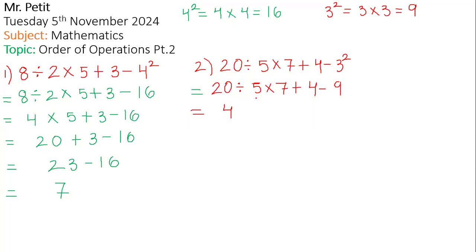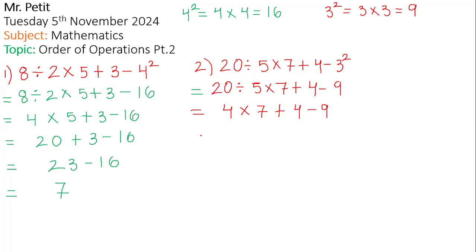So 20 divided by 5 is 4, multiplied by 7 plus 4 minus 9.